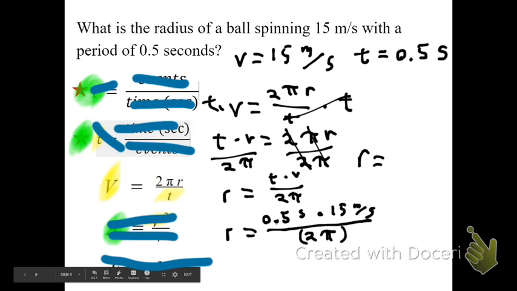So I'm going to put into my calculator, and you can follow along with me just to make sure you have this right. I'm going to put button by button 0.5, then I'm going to press the multiplication button, and then 15, so that's the top, then divide, and then open parentheses, and then 2 times, and then I'm going to hit the second button and put that pi in there again, and then I'm going to close that parentheses.